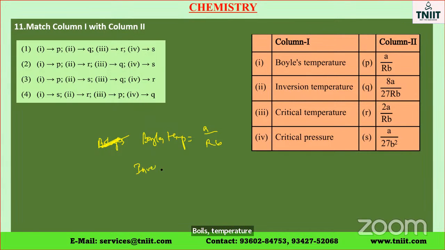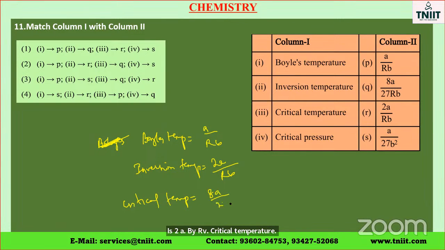Inversion temperature is 2a by Rb. Critical temperature is 8a by 27Rb. And critical pressure is a by 27b squared.